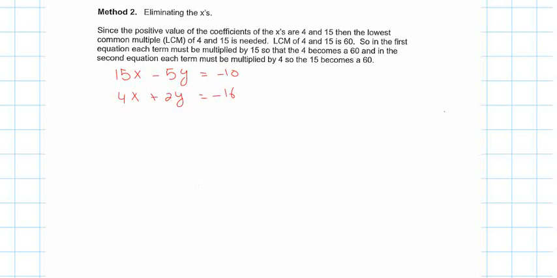Okay, so again, in this case, if I want to eliminate the x, what would I have to do? Multiply what? So you're going to multiply this one by 4 and this one by 15, right?